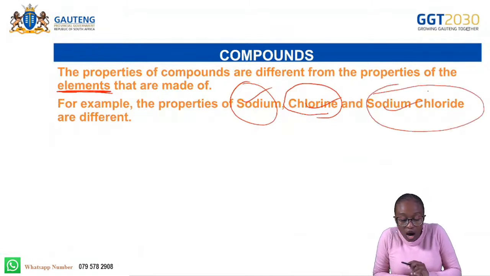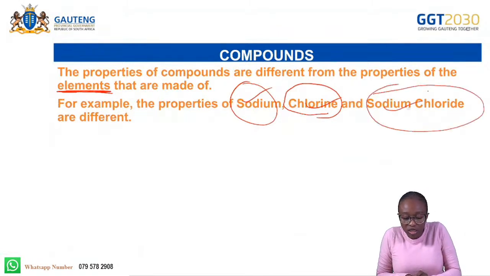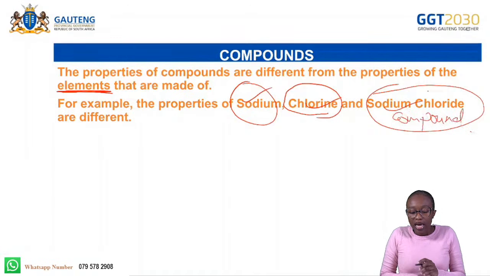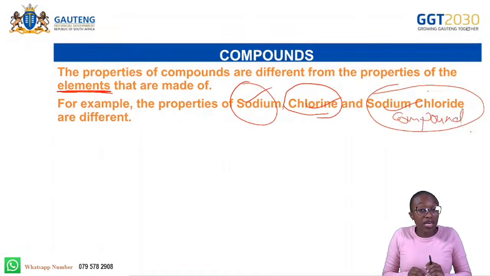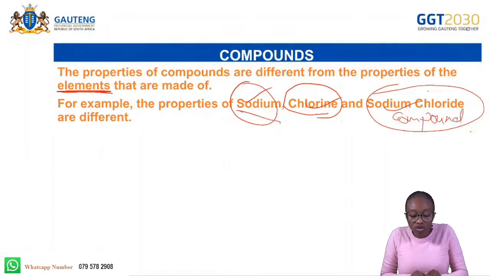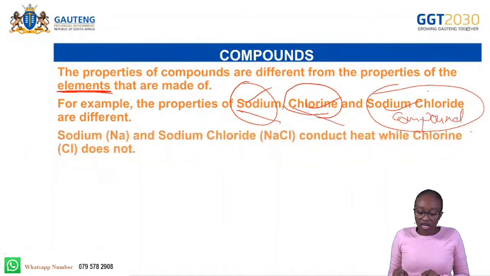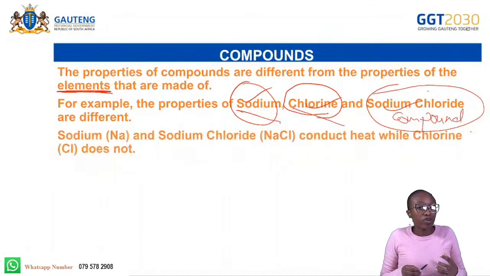Sodium chloride, now we've come to something different. This is a compound. This compound, we have learned from the previous slide that sodium chloride is made up of an atom of sodium and chlorine. But sodium chloride is very different, or behaves differently from the elements that make it.